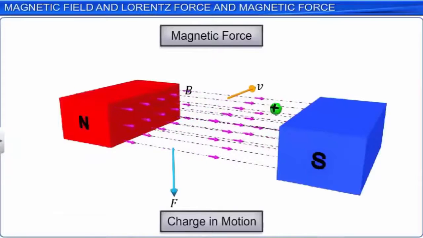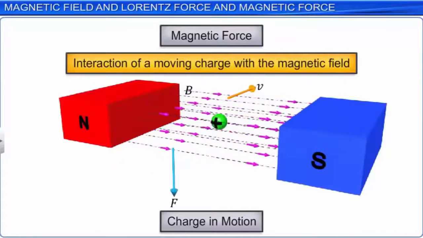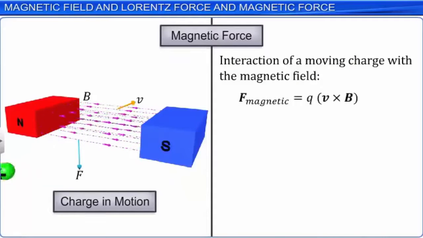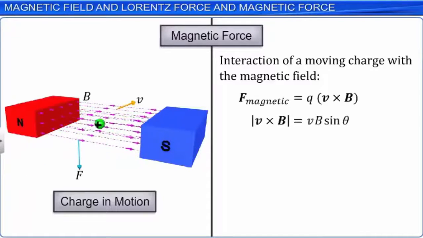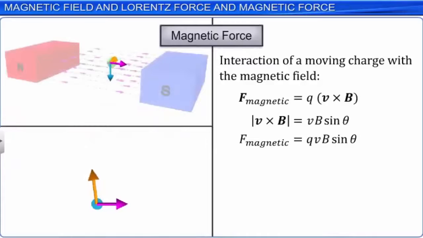Now, let us discuss in detail the interaction of a moving charge with the magnetic field. As you know, the force experienced by a moving charge due to the magnetic field is F magnetic is equal to Q into V cross B. As V cross B is equal to VB sin theta, the magnetic force on charge F magnetic is equal to QVB sin theta, where the angle between the directions of V and B is equal to theta.